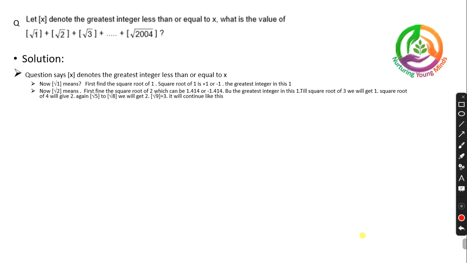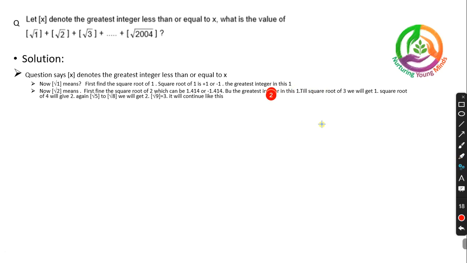But what is the greatest value here? It says it is not the greatest value, it is the greatest integer, correct? So the greatest integer, if you take 1.414, will be 1 only, correct?